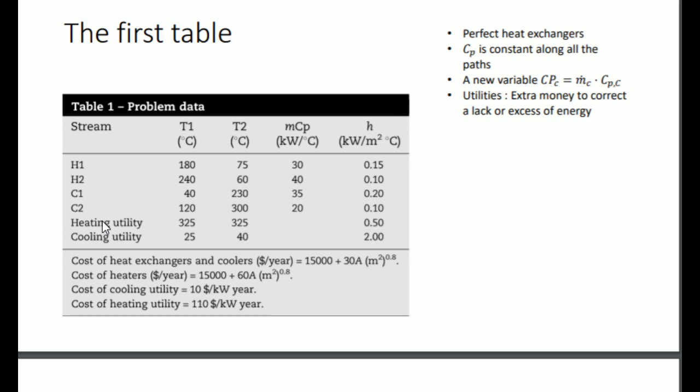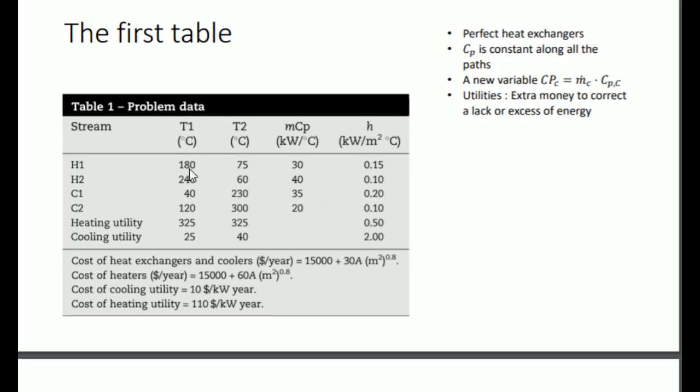Utilities are kinds of fluids that you have to pay for, you don't want to use them, but they complement the heat exchange. As we've seen earlier in our problem, we can put some kind of external fluid to go from 180 degrees Celsius to 75 degrees Celsius, but it's not convenient. So we're minimizing the utility used.